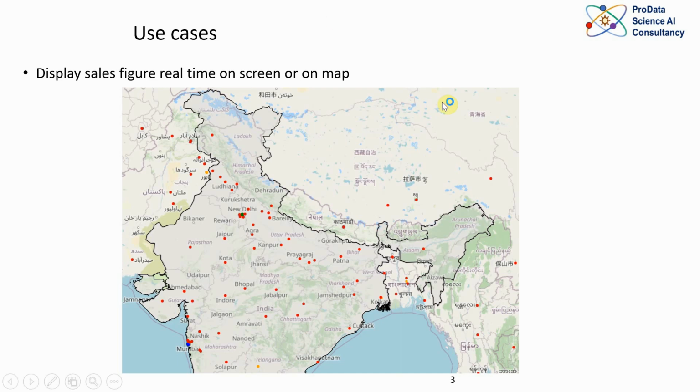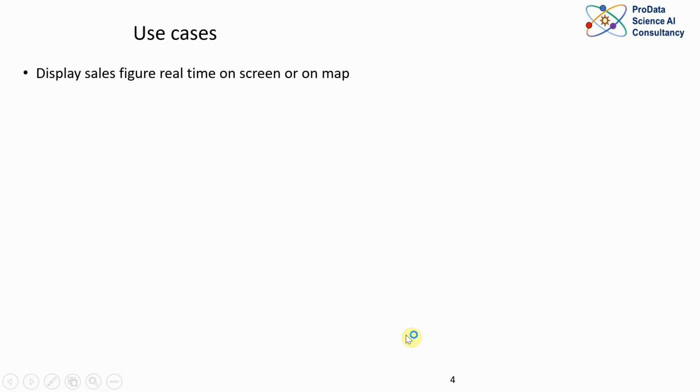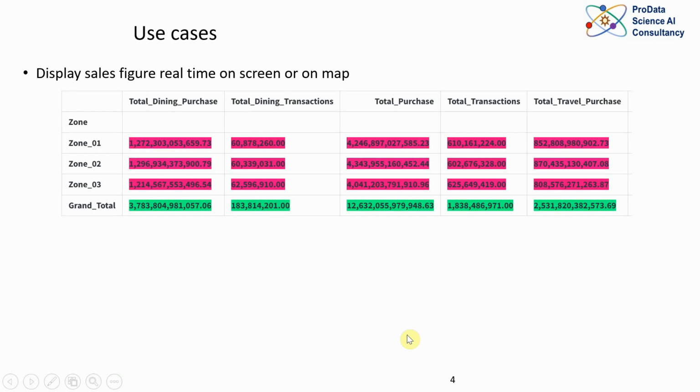You can put anything, right? Sales figures, or even new acquisitions on this dashboard. You can show a table also, if people are comfortable with a table where everything is getting refreshed, how things are happening in the last 15 or 20 seconds.